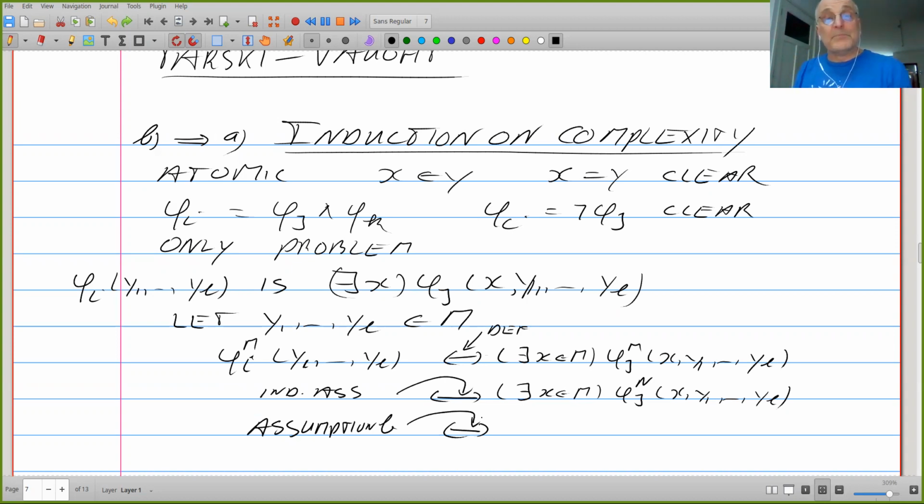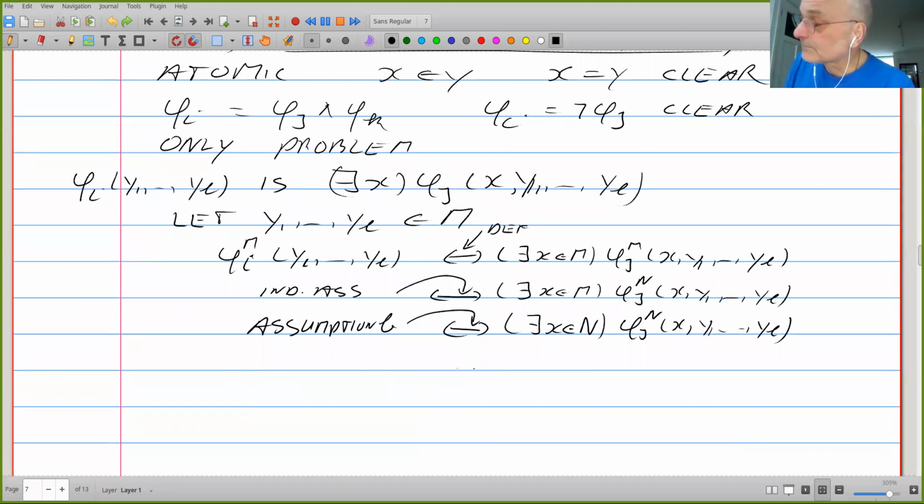Our assumption B now tells us we can replace x in m by x in n, and well, we don't change the formula. This is what assumption B tells us. And there we have it.